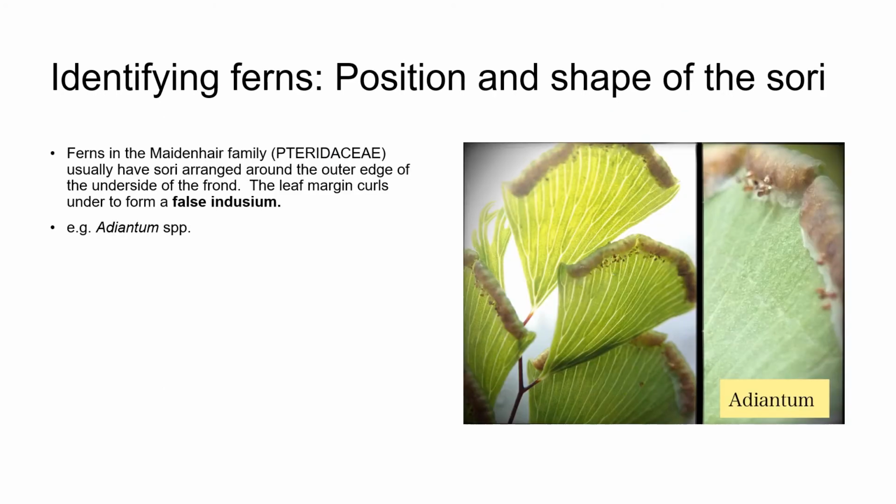Ferns in the maidenhair family usually have sori arranged around the outer edge of the underside of the frond. The leaf margin then curls under to form what's called a false indusium, and I'll talk a little bit more about that in a couple of slides.